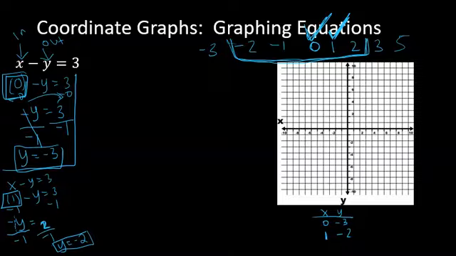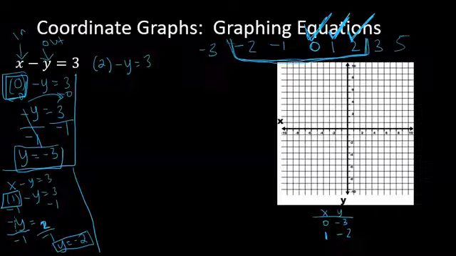Okay, well, we got that one. What's the next one? How about we do positive 2 right here on my list? So I have positive 2 minus Y equals 3. So let's see. I have to make sure I get the negative 2 over here.